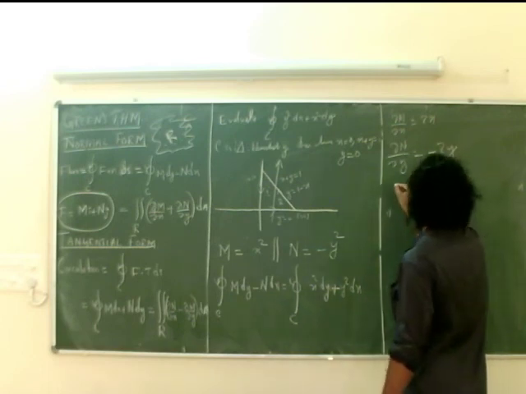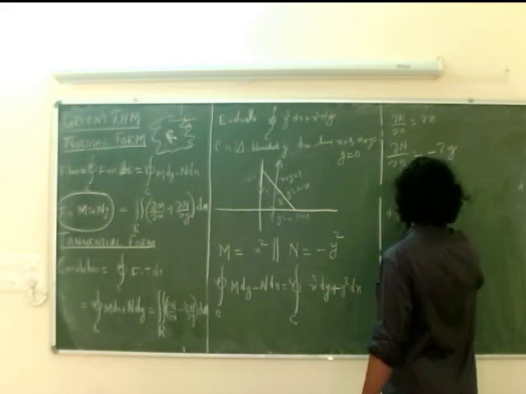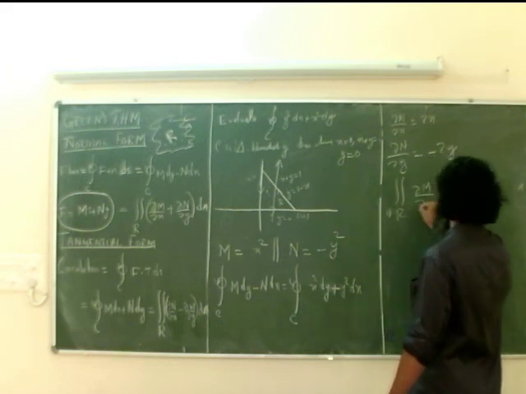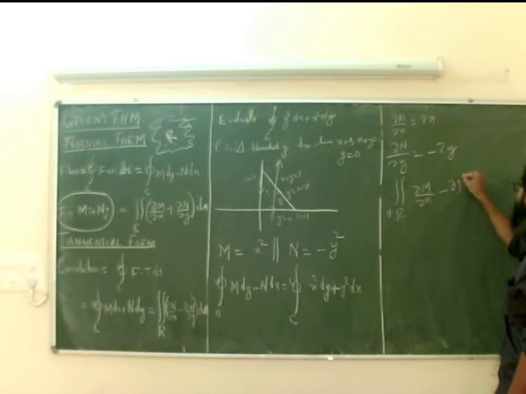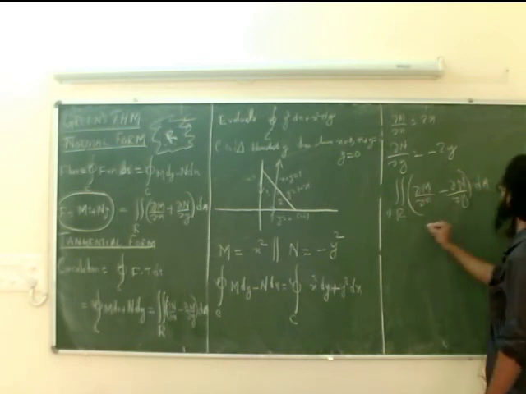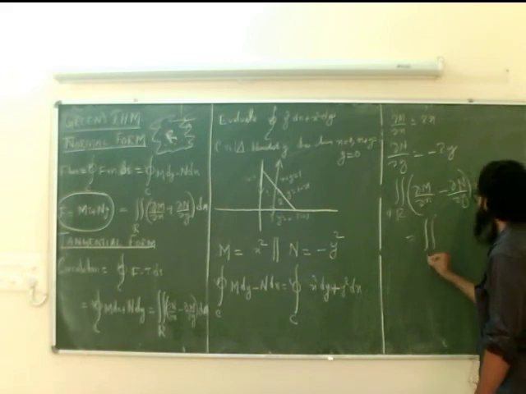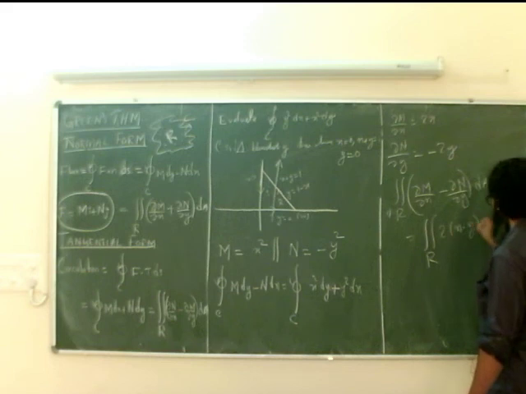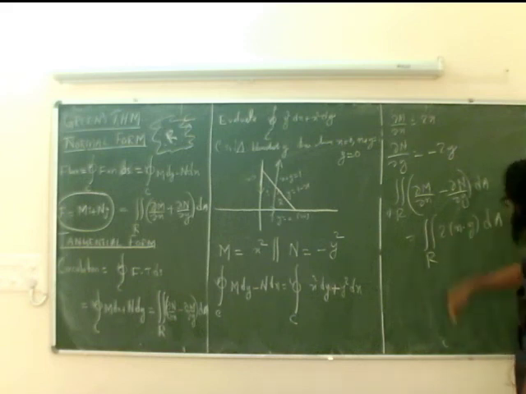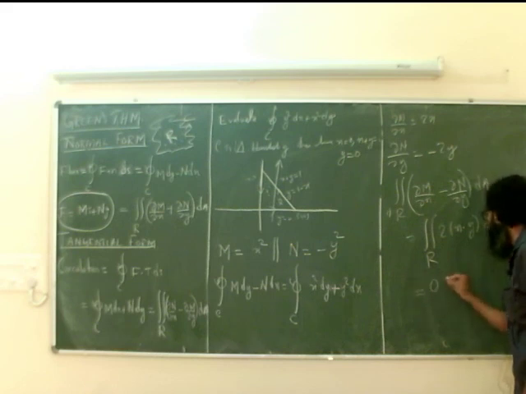So the double integral over R of (dou M by dou x minus dou N by dou y) dA is equal to the double integral over R of 2 times (x minus y) dA. Again we have the earlier situation and we have verified that this is also 0.